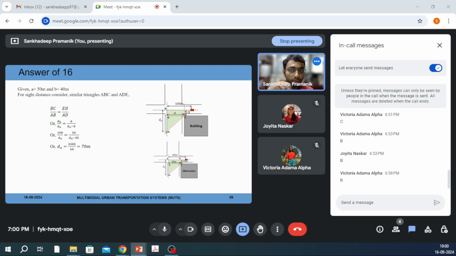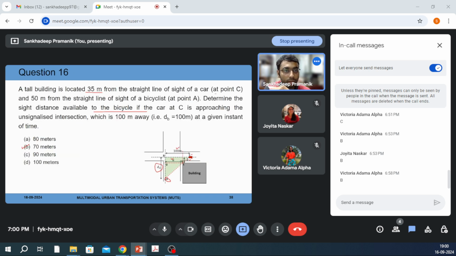So here two triangles are forming. One is A, B and C, one is A, D and E, and we need to calculate the side distance available to the bicycle if the car is at C and approaching the unsignalized intersection.